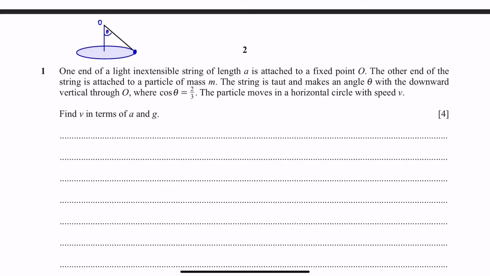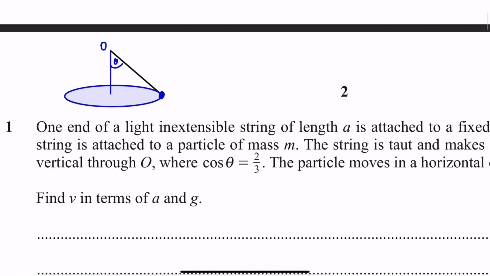So for now, we can draw out the forces. We have weight, which is mg. We have tension force, which we call T for now. And let's resolve the tension force in vertical and horizontal.